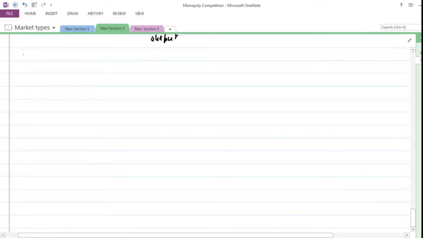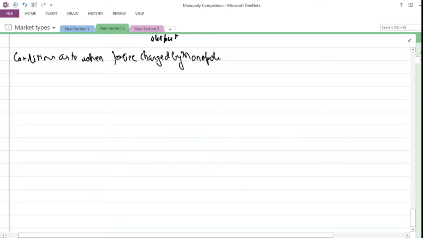Conditions as to when the price charged by monopoly is less than market price.